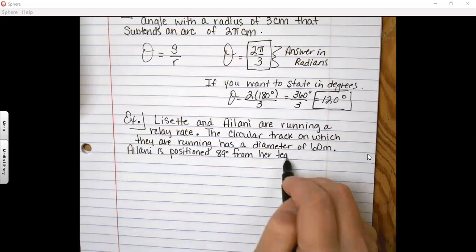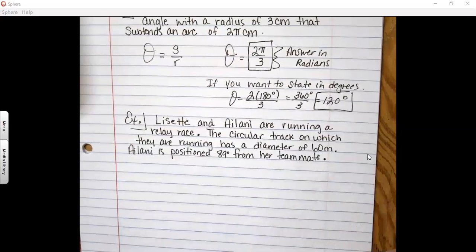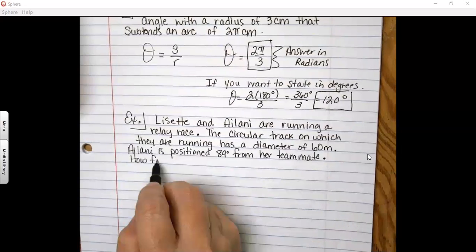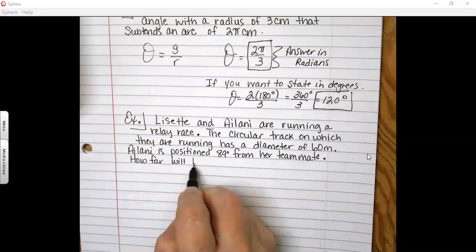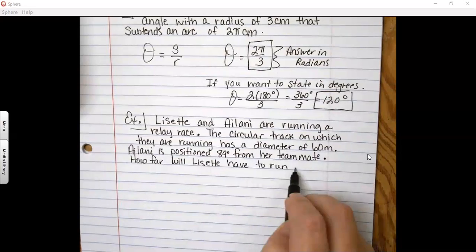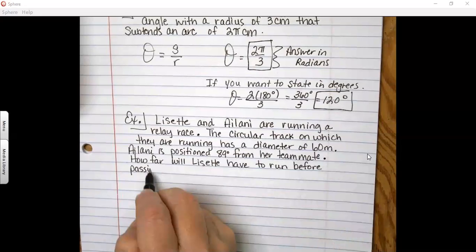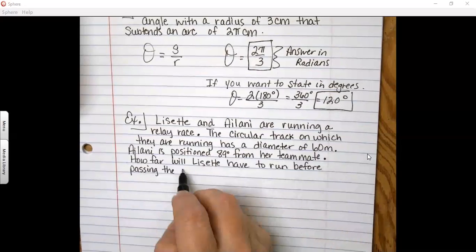How far will Lizette have to run before passing the baton to Aliani?